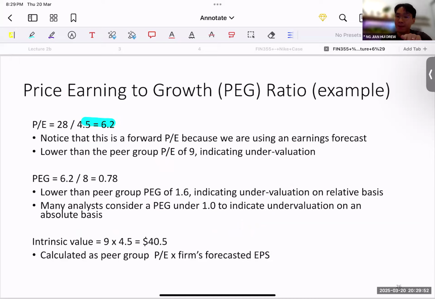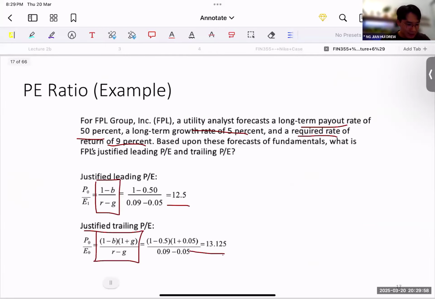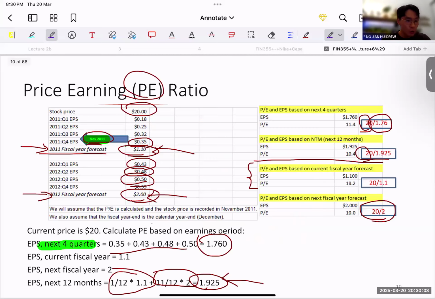So it really depends. Remember, we had the PE calculation earlier, it's all the way back here. Remember this one? What PE are you interested in? That's the part where PE becomes very complex because there are so many variations. Are we interested in the next 4 quarters, the next 5 years, current year, current fiscal, next 12 months?